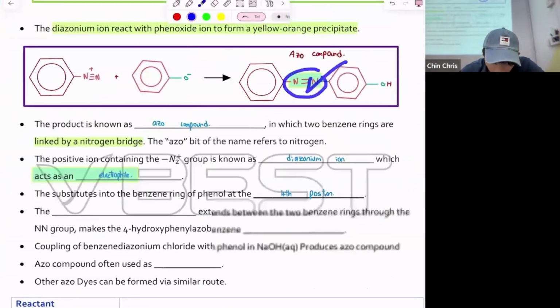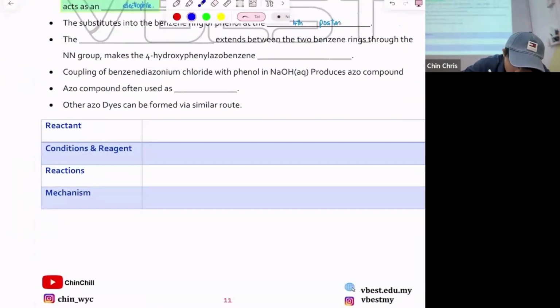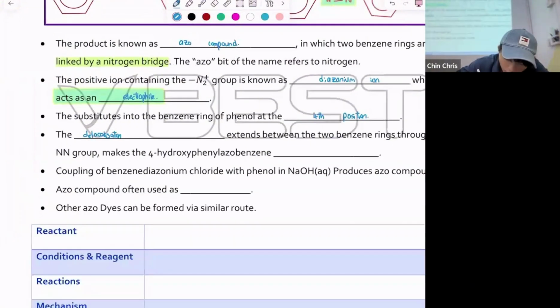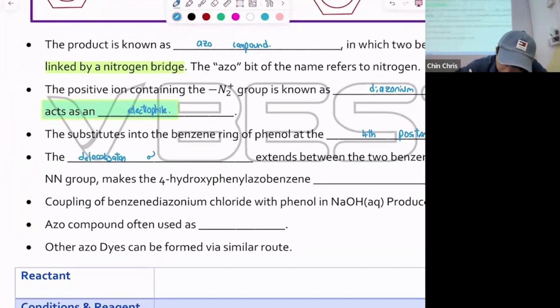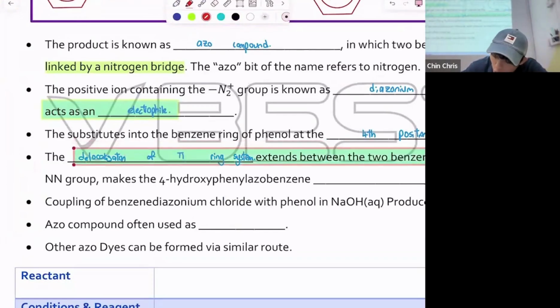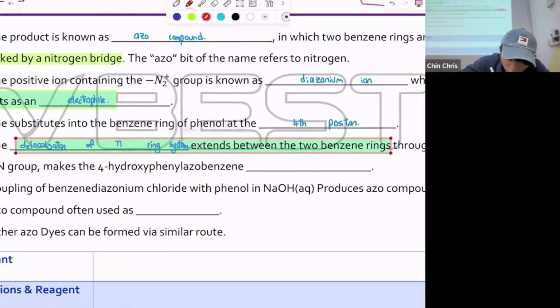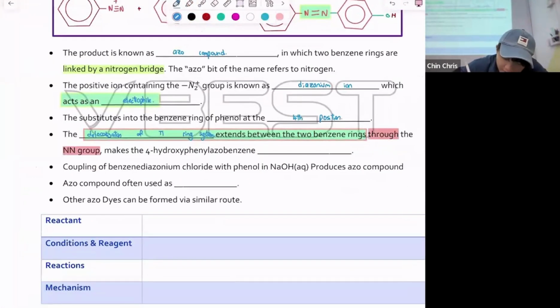Highlight, write it down: the delocalization of a pi ring system between the two benzene rings through the nitrogen group makes your azo compound very stable.